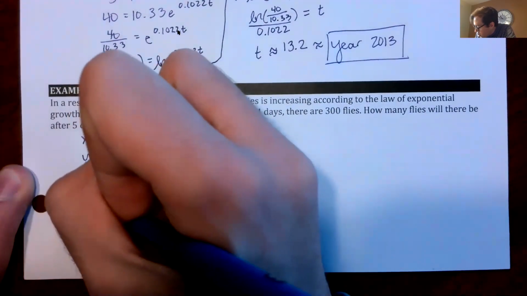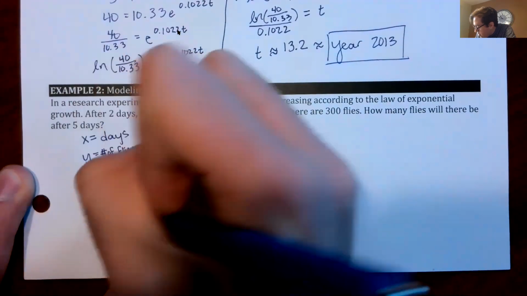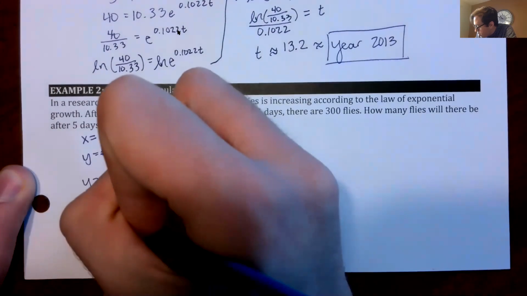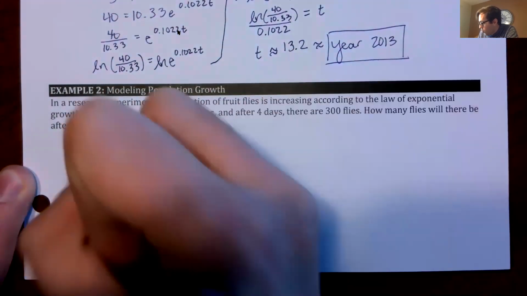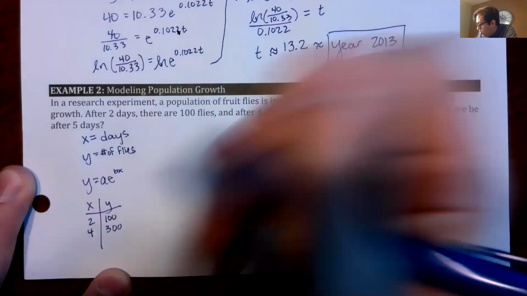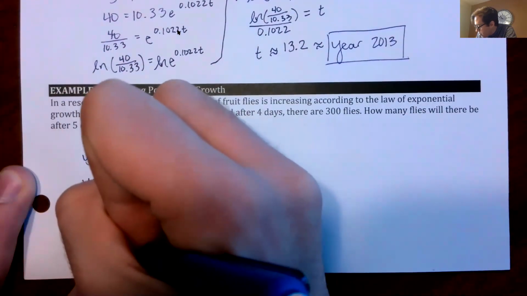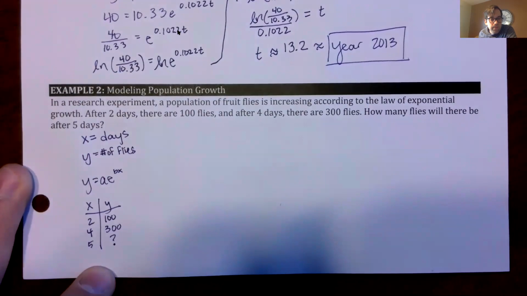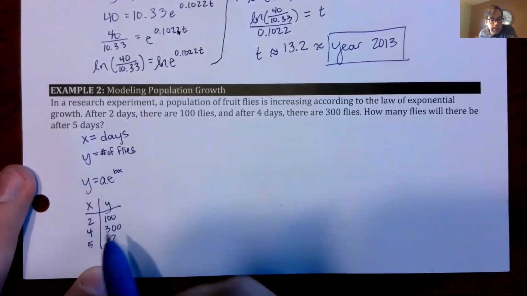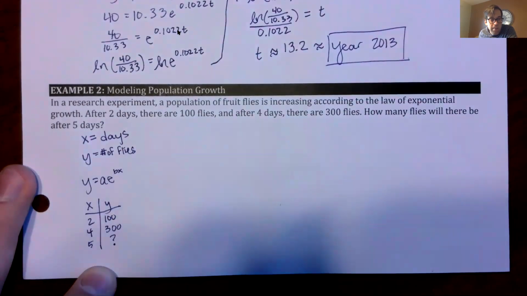So if we set up a chart of X and Y, what do we already know? We know that 2 days will be 100. We know 4 days will be 300. And what we're looking for is 5, right? So if we think about our model here, we have 2 different examples of an X and a Y that match up.